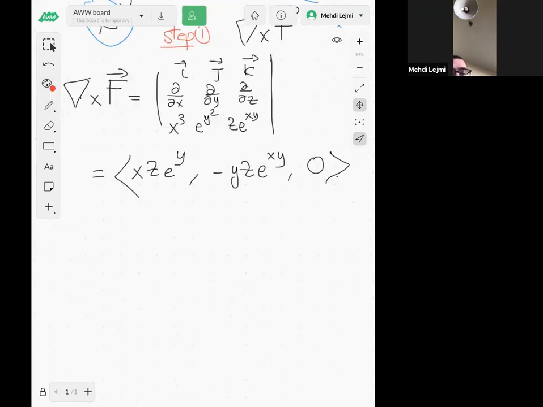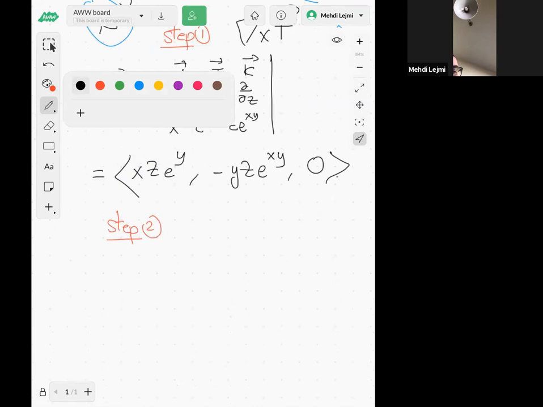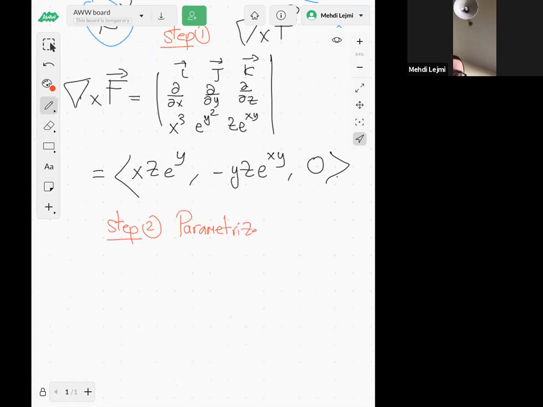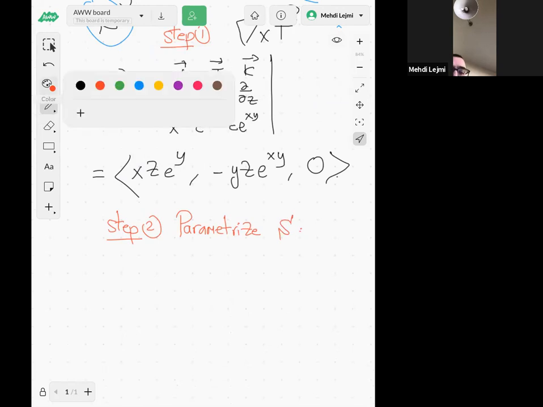So in step number 2, we need to parameterize S. Here S is very simple to parameterize because it's a graph of some function. I explained this many times. What's S?